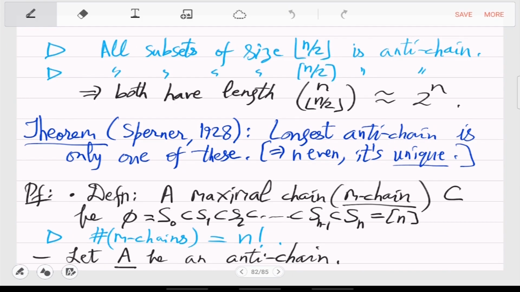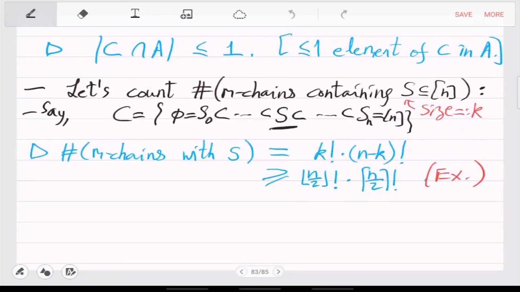So let A be an anti-chain. What we will do is we will use chains to deduce properties about anti-chains. Okay, so let's fix the anti-chain to be A, which ultimately we will assume is largest possible. But for now, we don't need that assumption.